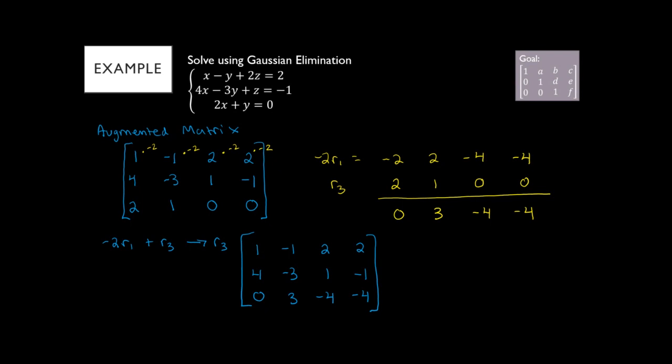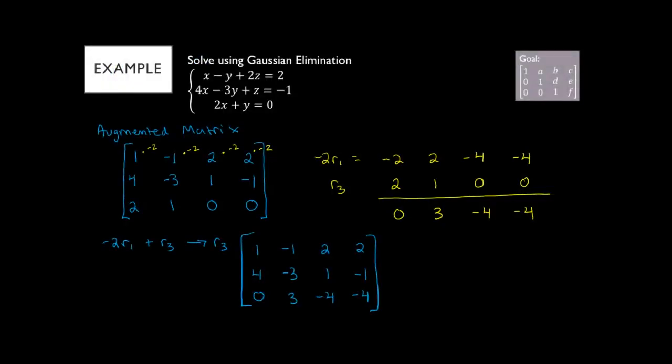So I'm going to go to the next slide to indicate that. We're going to have a -4 times row 1 plus row 2, and then that result is going to be in row 2. So I'm going to just do the math here again. So we want to do -4, so I'm going to just write that in. So hopefully I don't make any more mistakes. -4 times row 1.